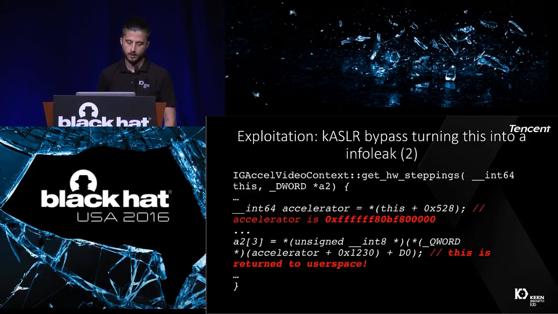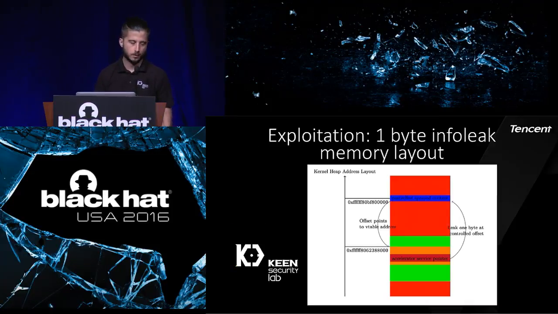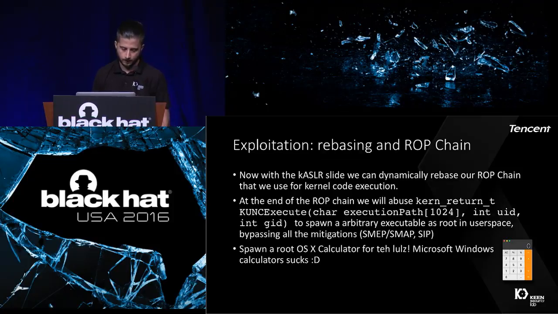Here you can see some decompiled code from the method, and the accelerator is pointing to our location, and the array is actually returned to user space. So we get 1 byte of info leak. This is a diagram of the info leak. Now that we have the KASLR slide, we can rebase our ROP chain, and we can start executing in the kernel.